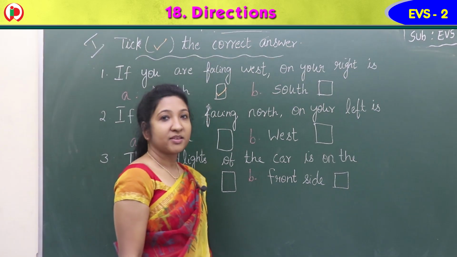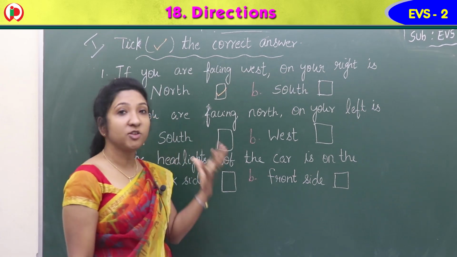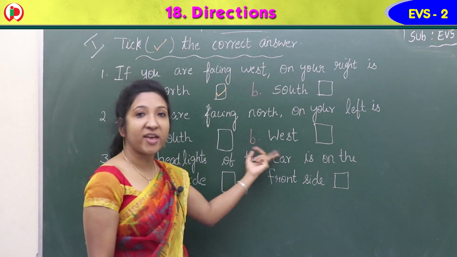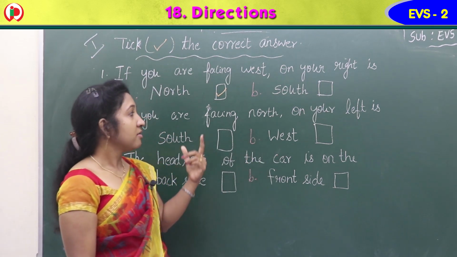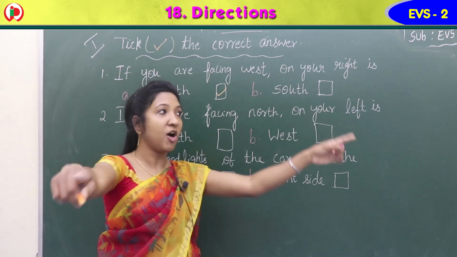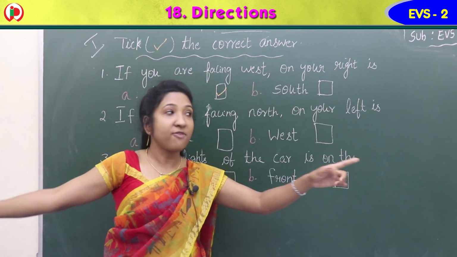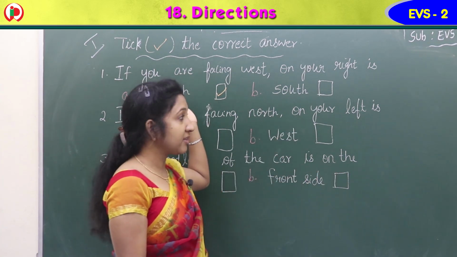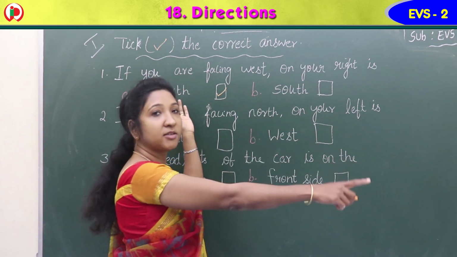Second is, if you are facing north, on your left is option A south, option B west. So we are facing north direction, children, isn't it? East, west, north, south. You are facing north, then what will your left side be?